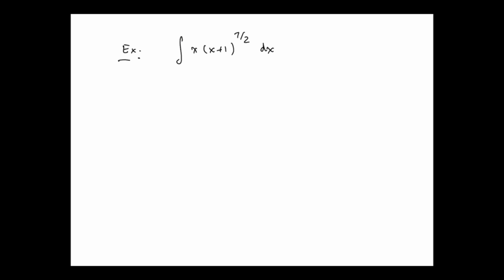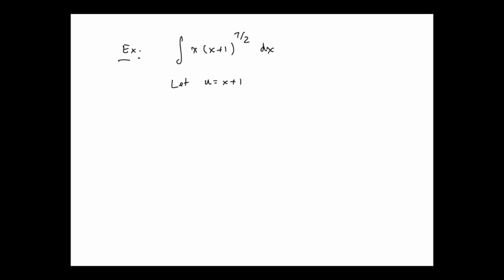Well, wouldn't it be nice if the exponent wasn't on the term that had the plus? Now we can't just move an exponent magically. I mean, we could, but it would not be math. So here's where we're going to be a little sneaky. Let's let u equal x plus 1. What else do we have?